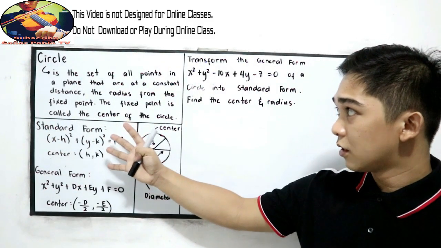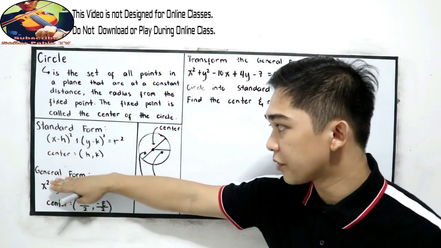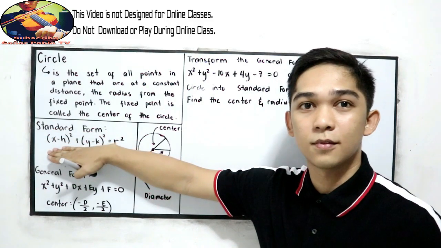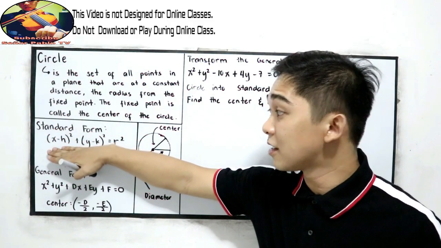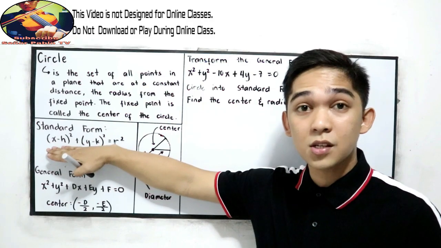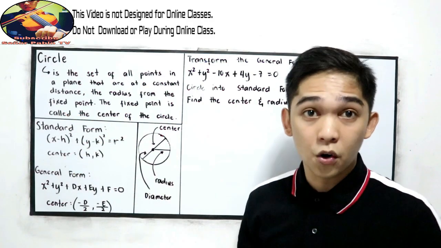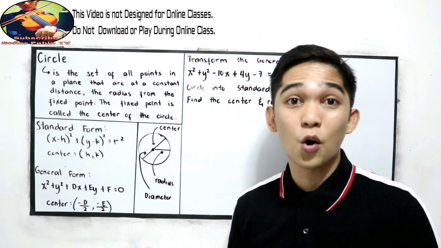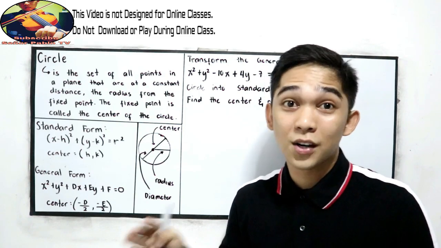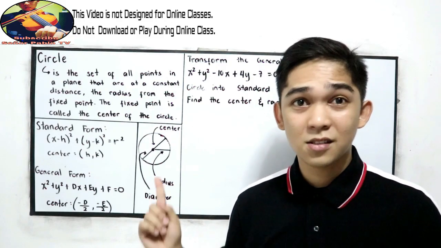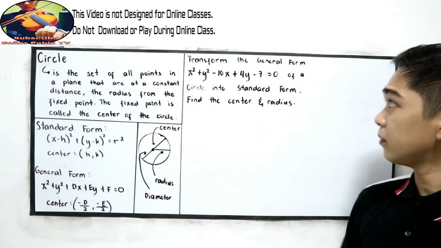So in our introduction, we have this general form going to our standard form. Then after getting the standard form, we need to find the radius and the center. We can transform by using completing the square, your lesson when you were in grade 9. So let's try to solve this problem.